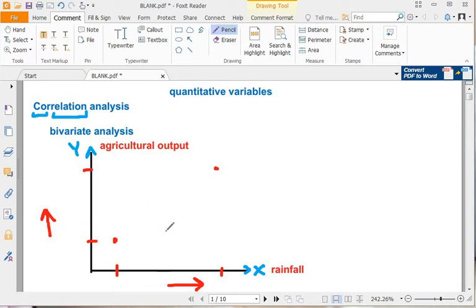So essentially in one year, rainfall was this much and agricultural output was this much. In another year, rainfall was this much, agricultural output was this much. All these points will represent one year. We have 50 years to consider, so there will be essentially 50 such points in our graph.